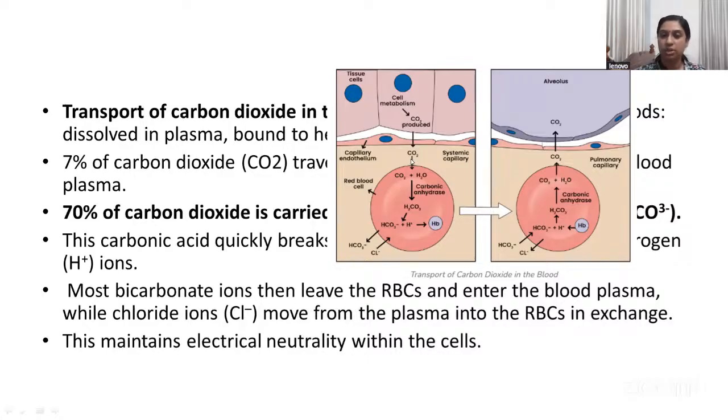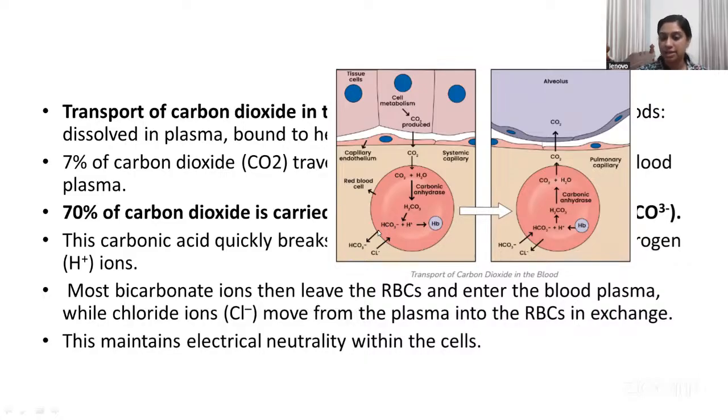So the carbon dioxide enters the RBC and combines with water inside the RBC forming carbonic acid, which splits into bicarbonate ions as well as hydrogen ions. The bicarbonate ions come outside down the concentration gradient, and in order to maintain electrical neutrality, chloride ions enter inside. This happens through band 3 of the RBC membrane.